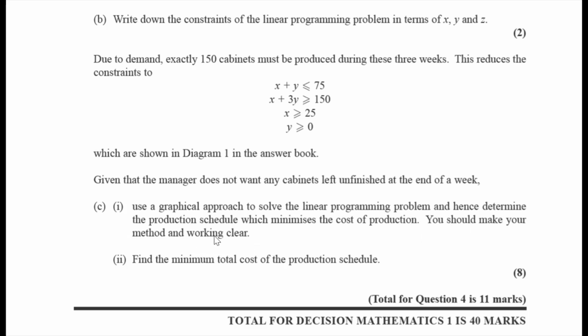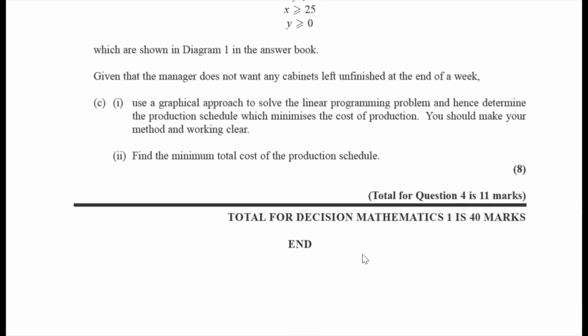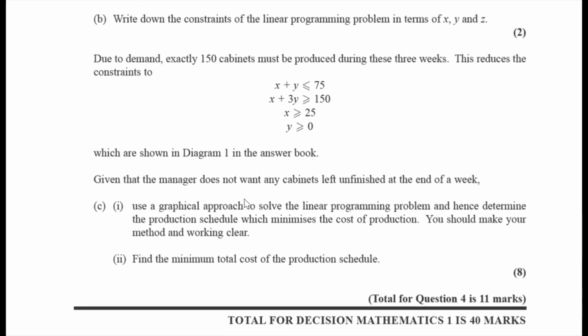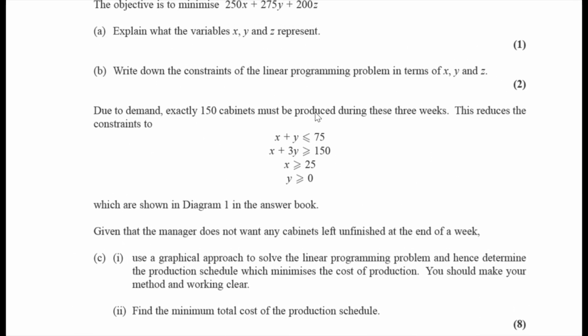You should make your method and working clear, and then we have to find the minimum total cost of the production schedule. Well, from this statement over here, exactly 150 cabinets must be produced in these 3 weeks.